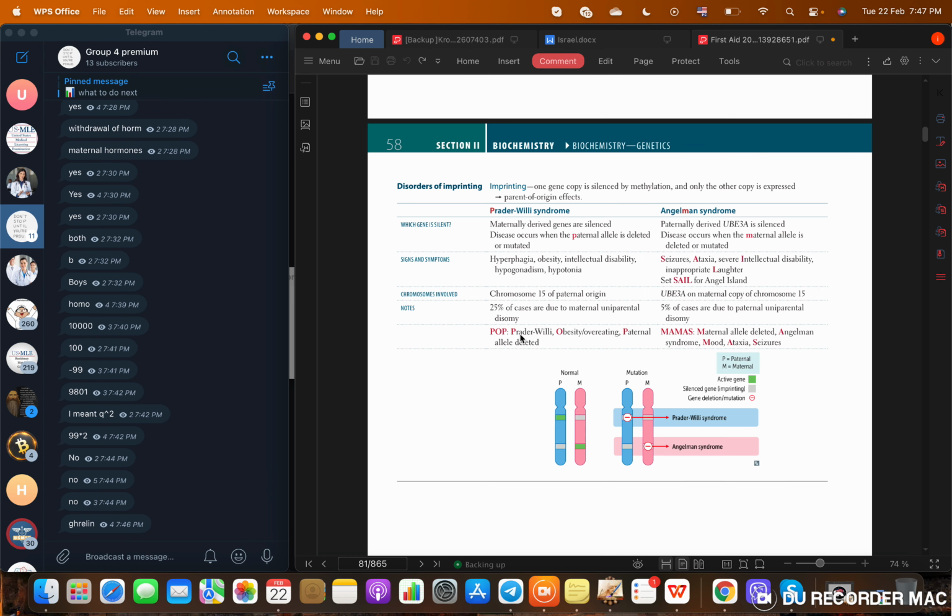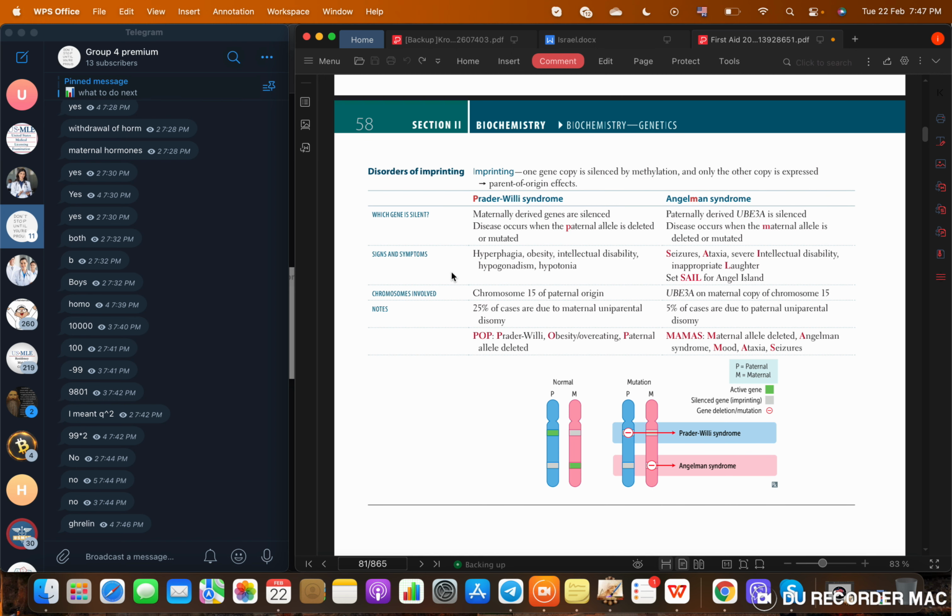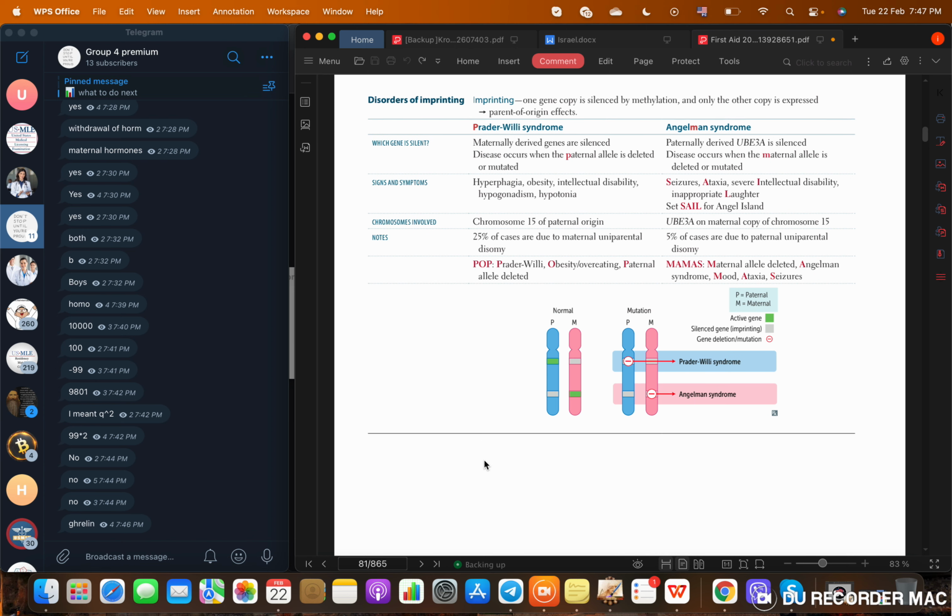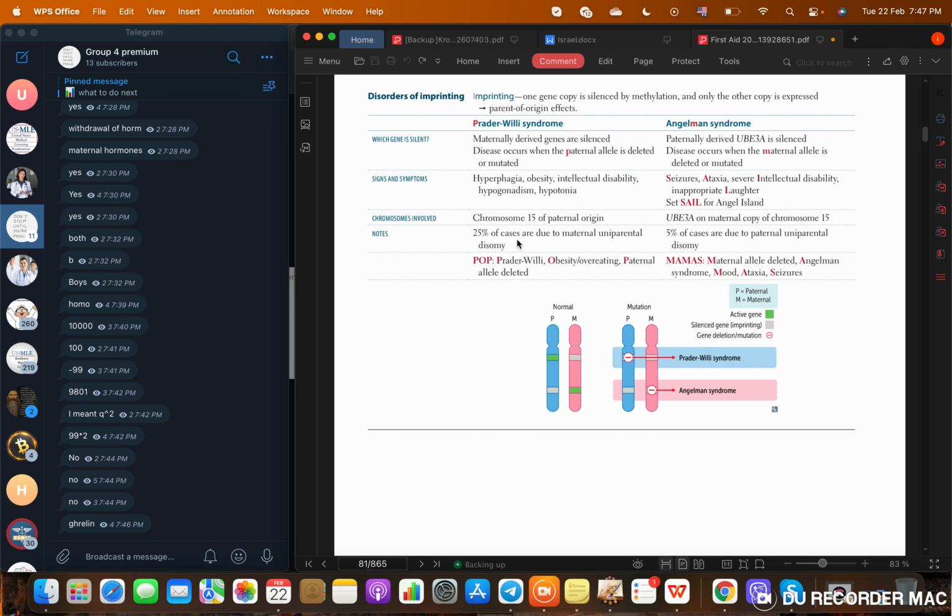The chromosome involved in both of these diseases is chromosome 15, but Prader-Willi starts with a P, so it's the paternal origin, which means father. They say here 25% of the cases have a maternal uniparental disomy, which means the mommy has both of the genes. So what does the father have? Nothing.